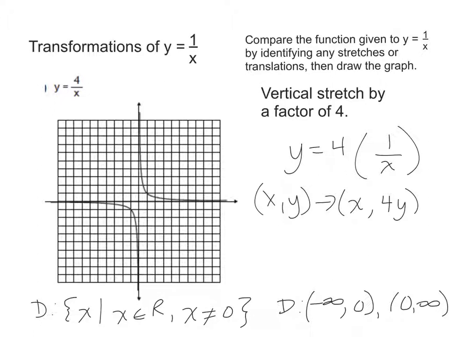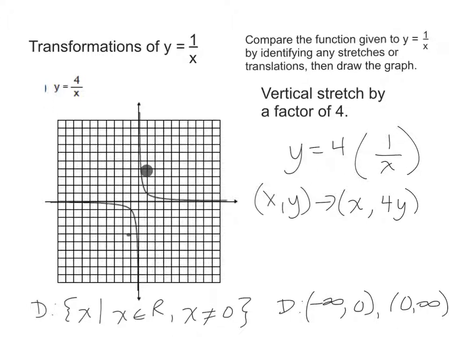Yeah, it's the y that's changing, right? So (1, 4) is there. That dot's a little big, isn't it? Make the other one smaller. So the point (-1, -1) would transform to (-1, -4).